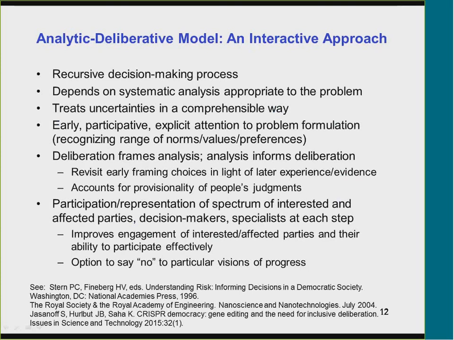It treats uncertainties in a comprehensible way. Think about gene drive. What do we know about it? What don't we know about it? There are a lot of uncertainties in this field. And by the way, in a comprehensible way, can you describe uncertainties in ways in which your participants will all get it and in which your decision makers can understand? They need to understand where your uncertainties are.